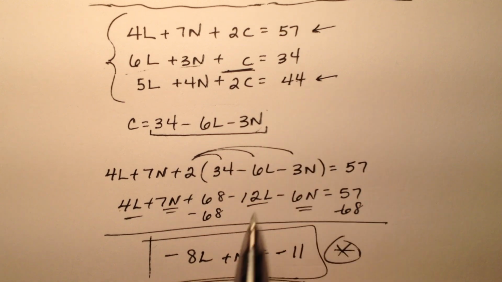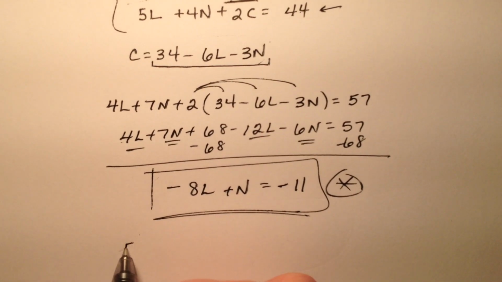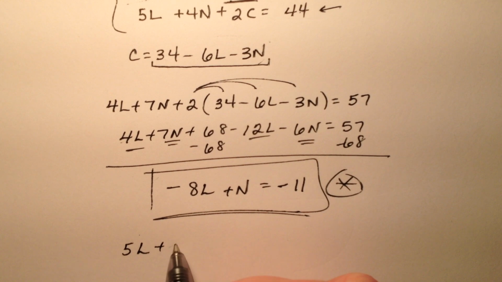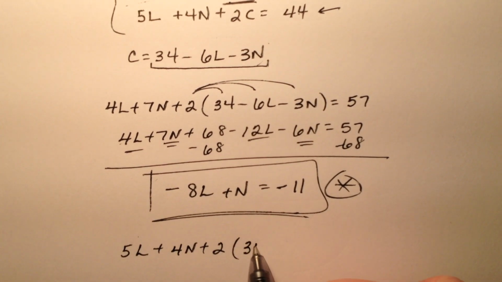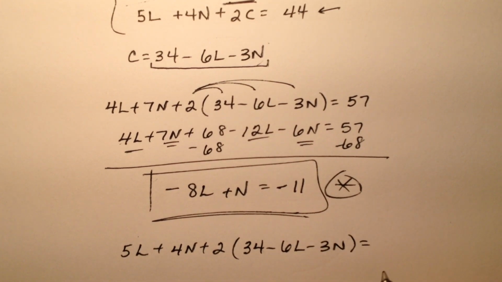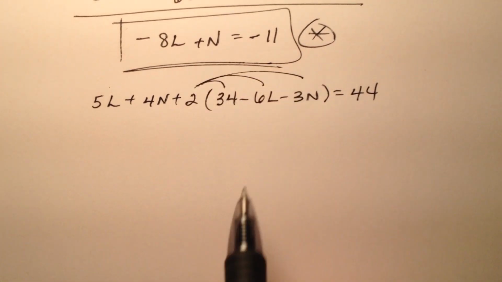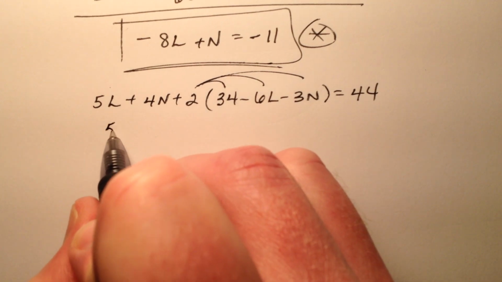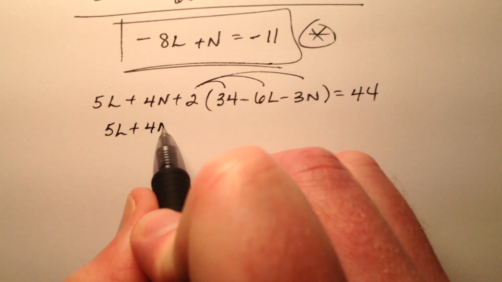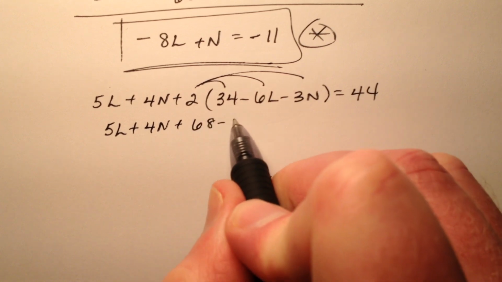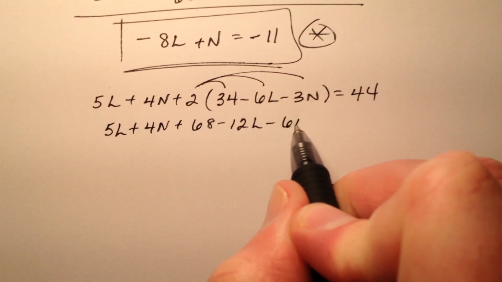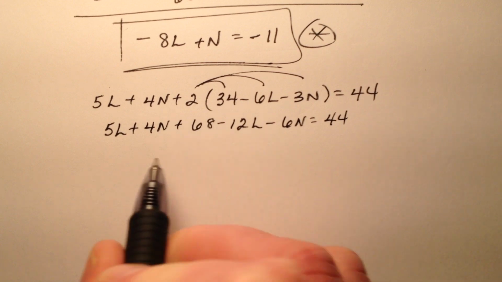So let's go ahead and do it now into the third equation. So 5L plus 4N plus 2C, and of course C once again is 34 minus 6L minus 3N, and in this case it equals 44. So let's do the same thing, distribute, combine, and do my business here. So 5L plus 4N plus 68 minus 12L minus 6N, and that equals 44.